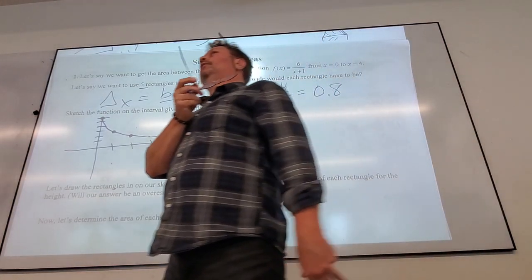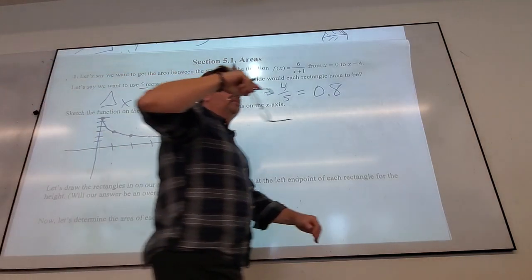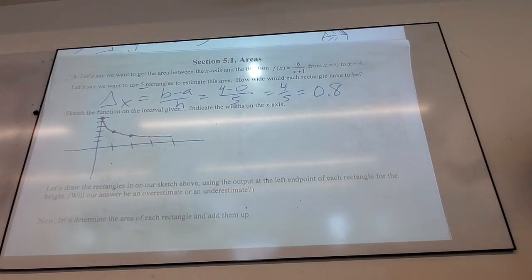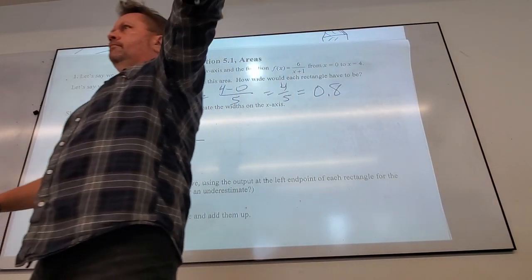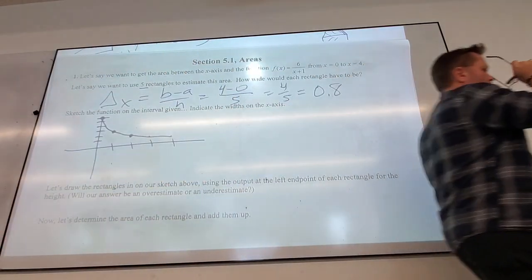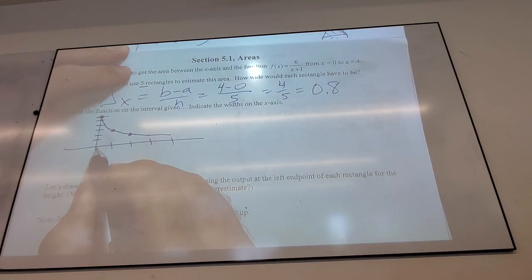So we want the area under this curve. And again, when I say under the curve, I mean to the ground, to the x-axis. And then the width. Here's what I mean by that last part. I want to set up like I did earlier where the base of my rectangles are going to be. And we said the width is 0.8. So I start at 0.